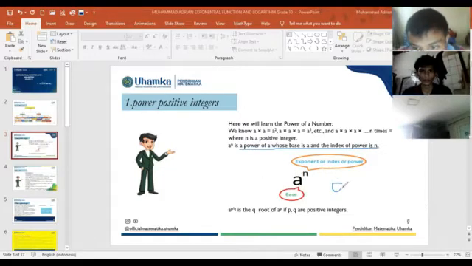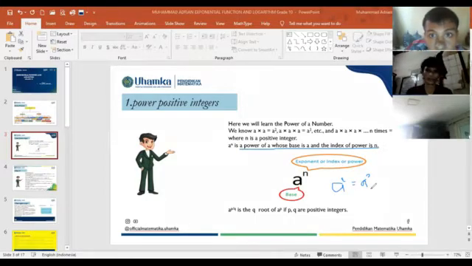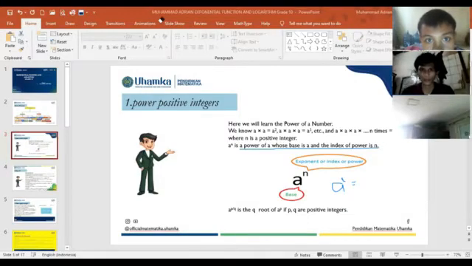So for example, a power 2 equals a multiplication a.